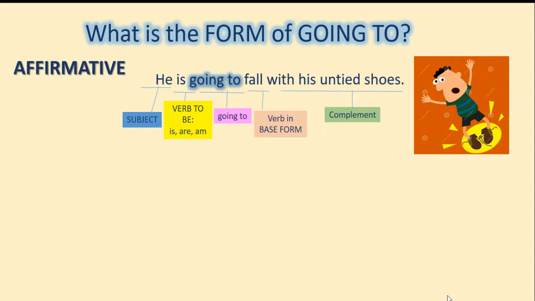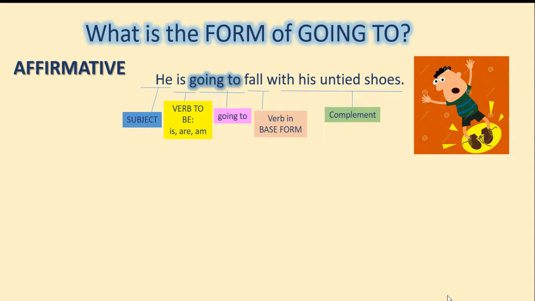And based on the fact that he has his shoes untied, we can say that he's going to fall. Okay? Just for the use and the meaning. So now let's go back to the form. Easy peasy for affirmative.